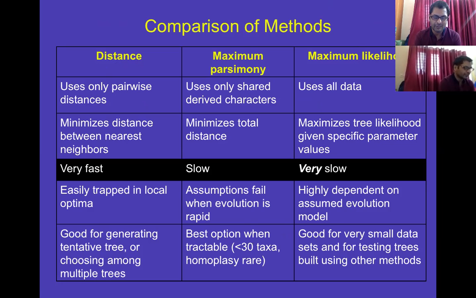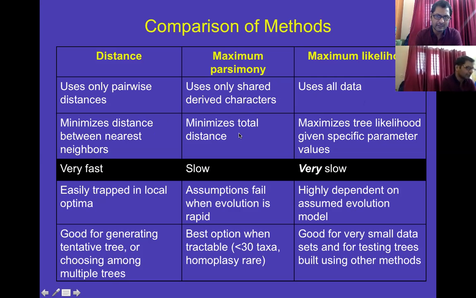Initially the pair is made between two species, and then these pairs are compared with each other. Maximum parsimony only uses the shared derived characteristics, while maximum likelihood uses all data. Here the shared characteristics are used for making the tree, and here all the data is used. Neighbor joining minimizes the distance between the nearest neighbors, so it tries to minimize the distance between the nearest neighbors, bring them together, and then match the others.